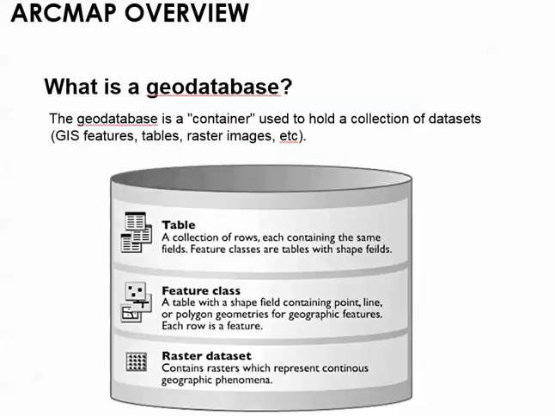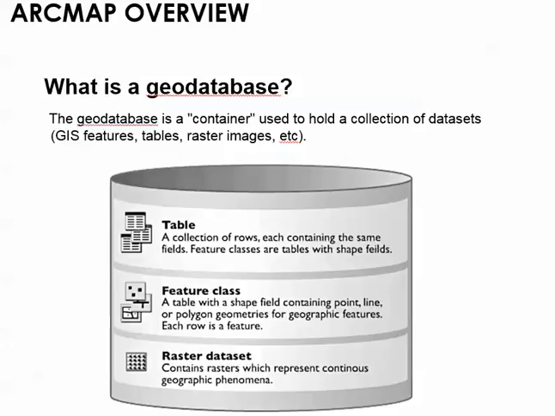So for instance, if you have the city data in this file geodatabase, the feature itself is a point feature. But for each point, there is information about that city in an attribute table, which is also in that geodatabase.